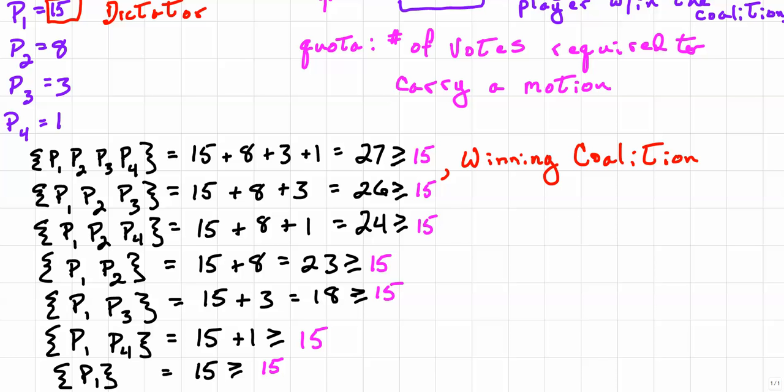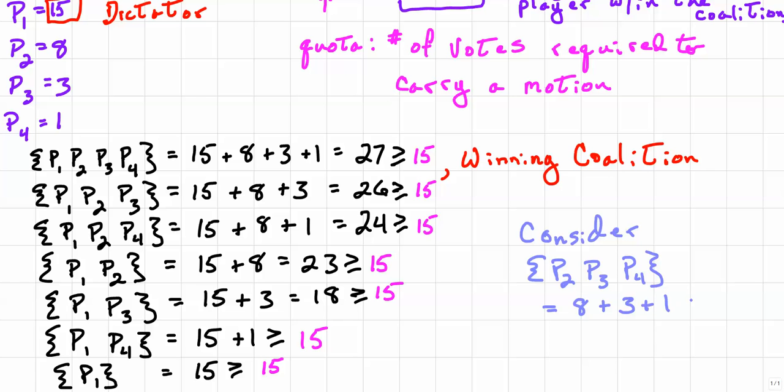For example, as an aside, let's consider this coalition: P sub 2, P sub 3, and P sub 4. P sub 2 is worth 8, P sub 3 is worth 3, P sub 4 is worth 1.